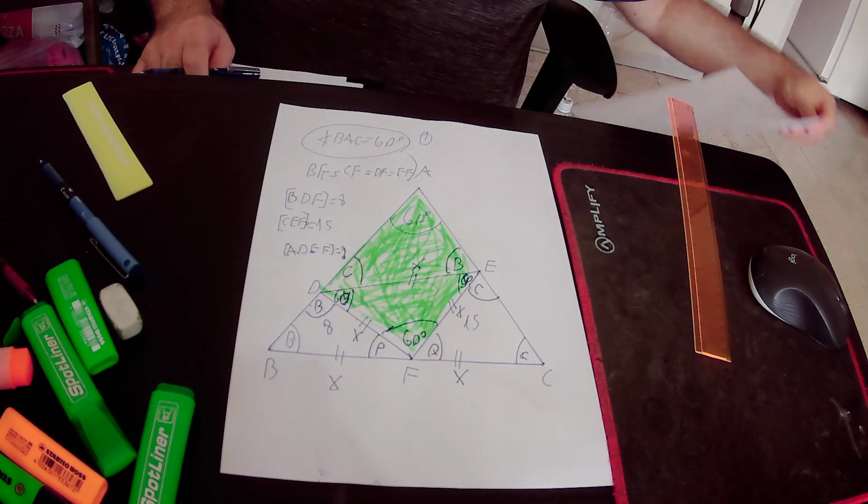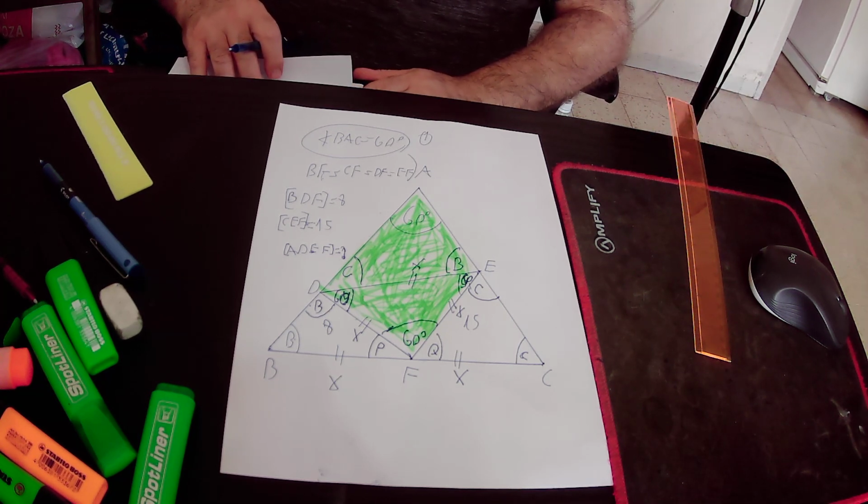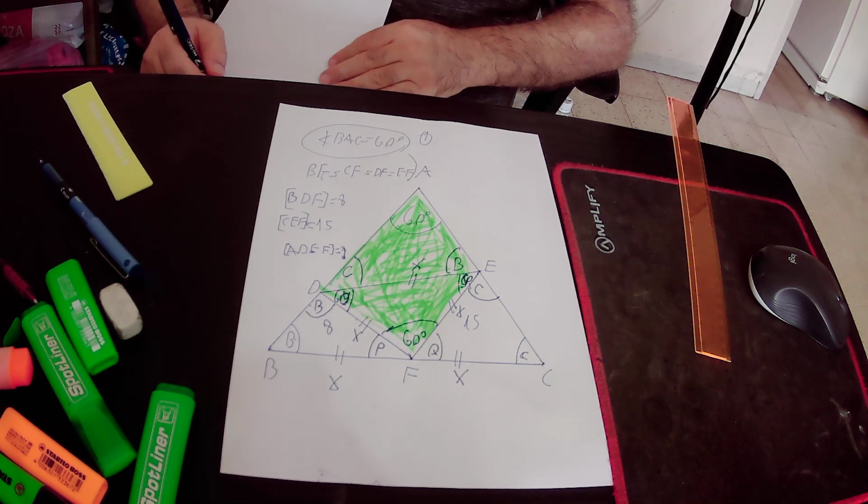Therefore, we proved that triangle ABC is similar to triangle AED.